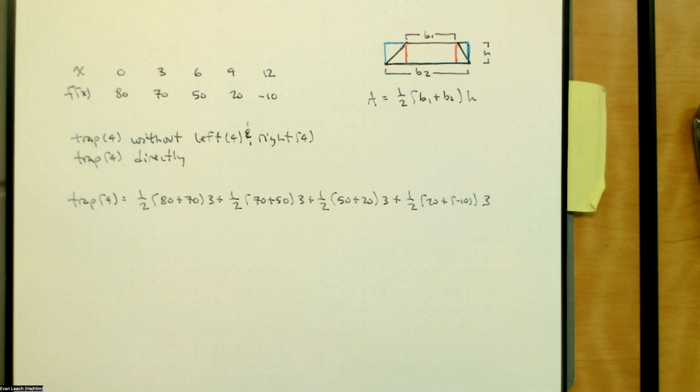That's the average. What we want to notice is that all of the values from our table get paired up. All the ones on the inside show up twice. The first one and the last one only show up once. Notice I've got 180 and I've got negative 10. The rest of them show up twice.